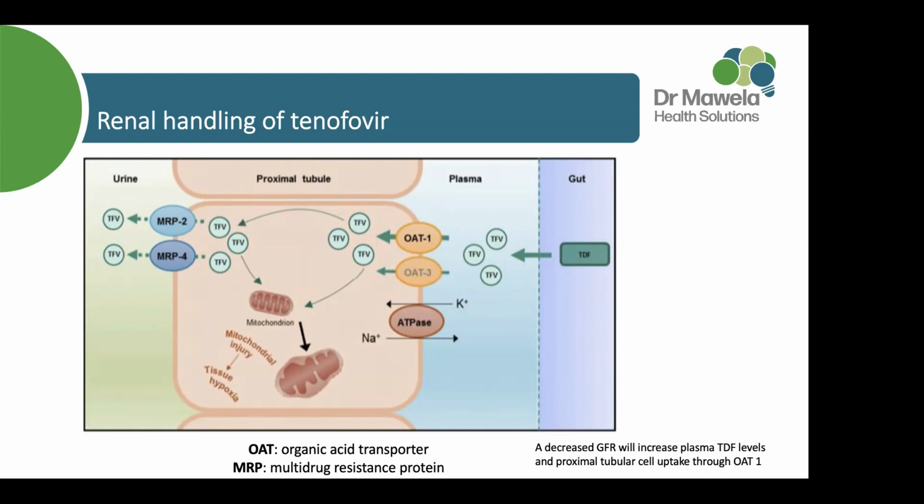Then you have high concentrations of TDF in the plasma. And high concentrations in the plasma translate to high concentrations intracellularly, leading to further damage, and then making your kidneys not function correctly. So and then why am I talking about these receptors?